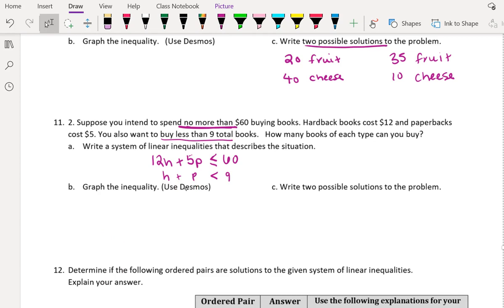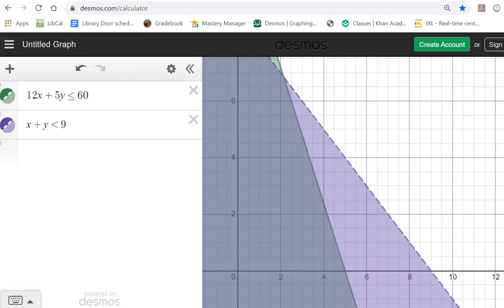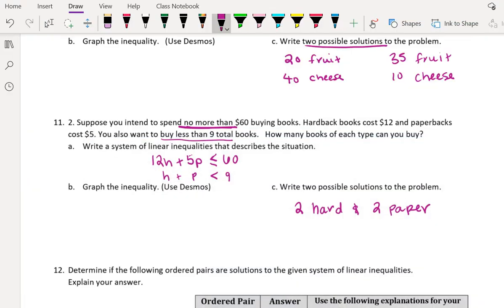Writing 2 possible solutions, I said 2 hardcover and 2 paperback was a solution. That's 2 plus 2 is less than 9, and I'm going to spend less than $60. Another solution we said was 1 hardcover and 6 paperback. There are so many different solutions. This is just one example.